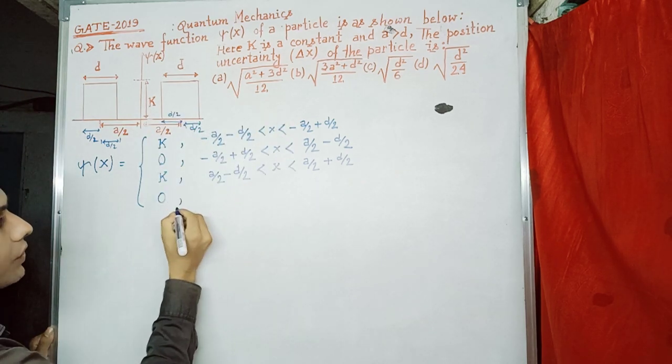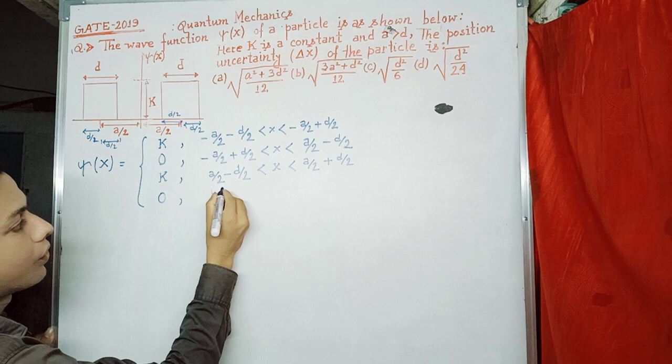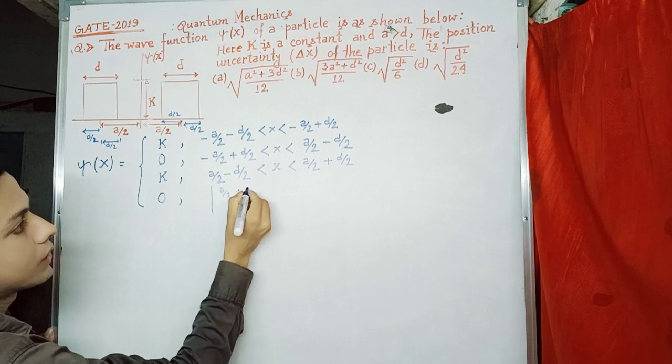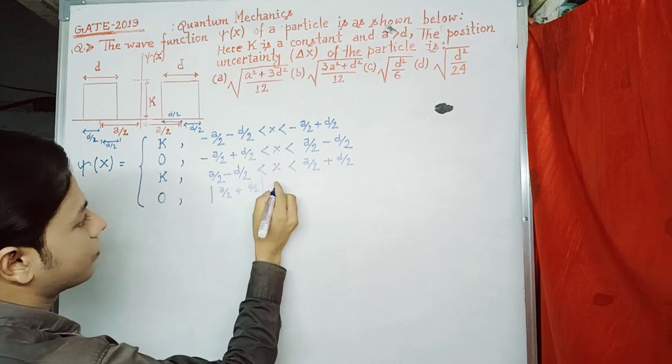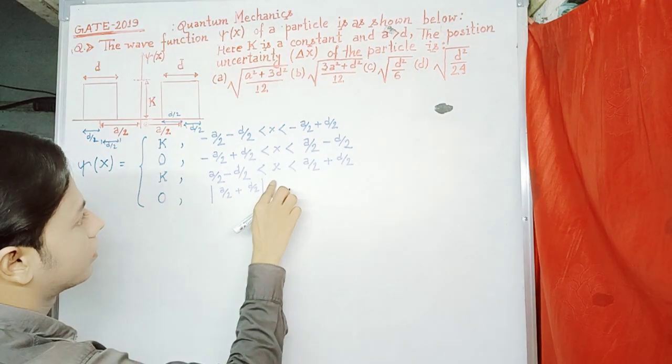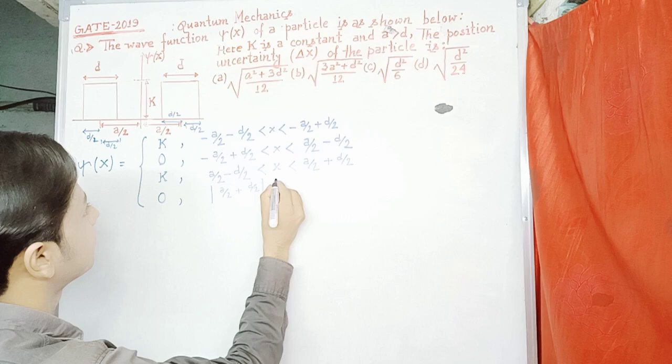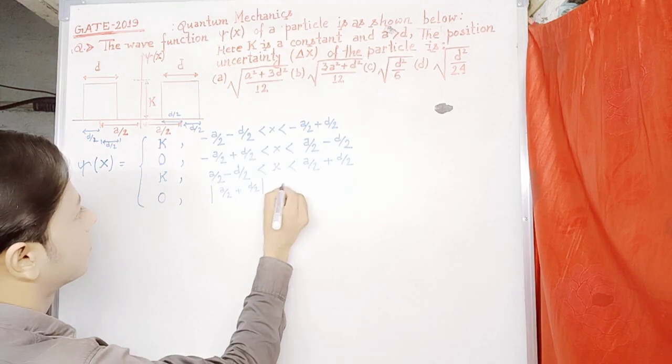So it will again be 0 when the mod of x is greater than a divided by 2 plus d divided by 2.